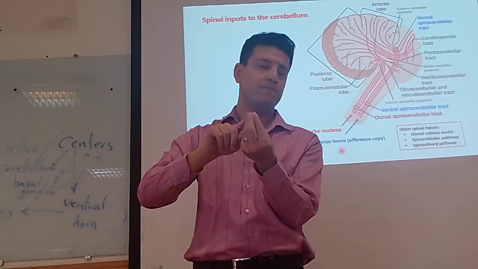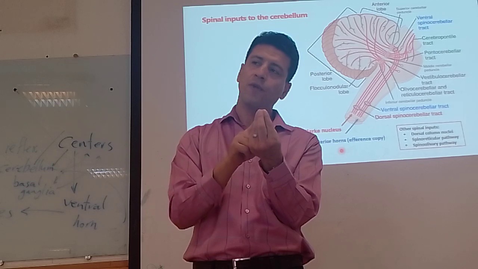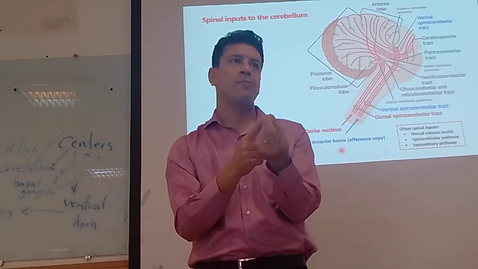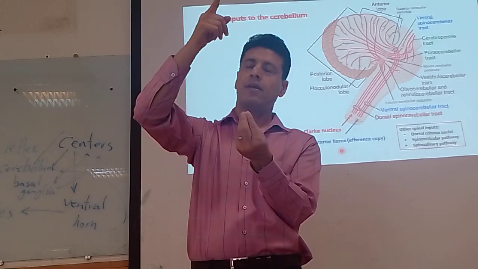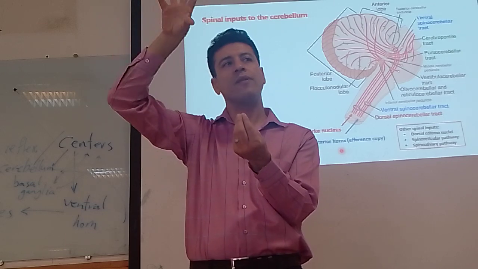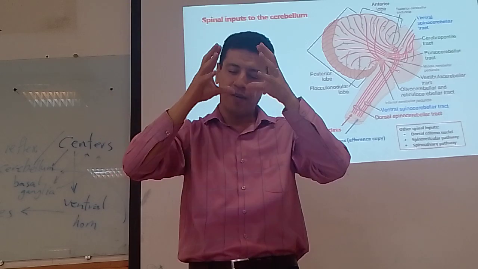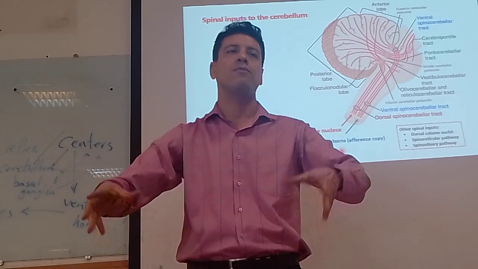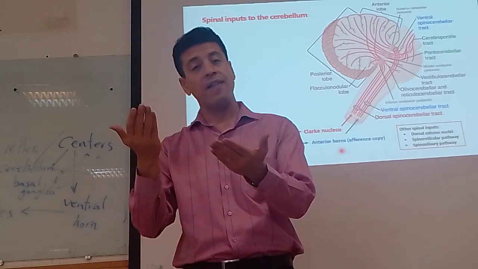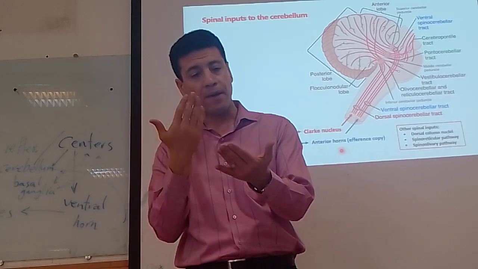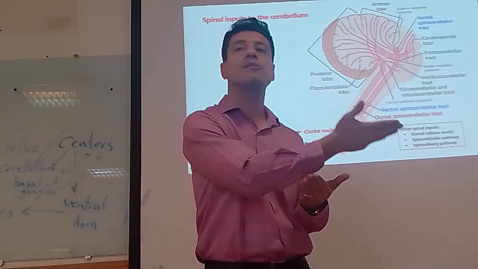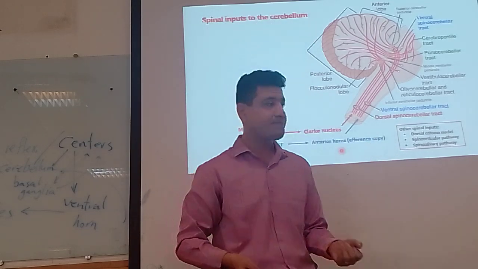So from here, information goes through the ventral spinocerebellar tract. They go to the cerebellum. So the cerebellum knows the final version of the information that reaches the alpha motor neurons. So then it compares this one with the sensory information, right?